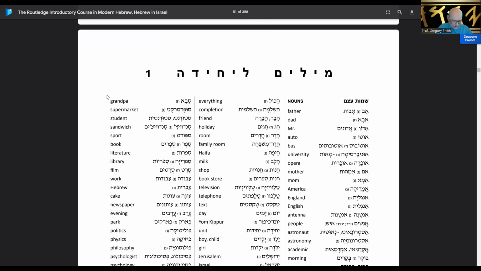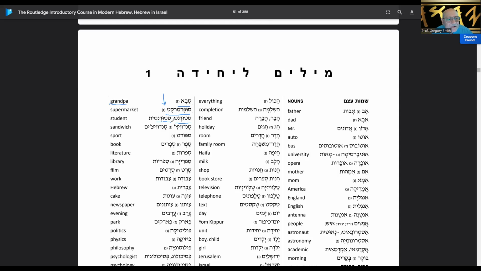All right, so let's go through these vocabulary words here. The word for grandfather is saba. Supermarket. Look at that, that's a transliteration from an English word.